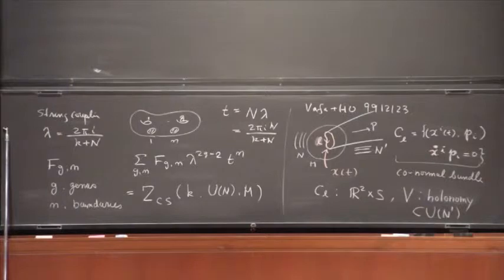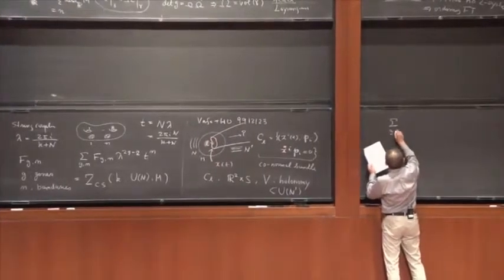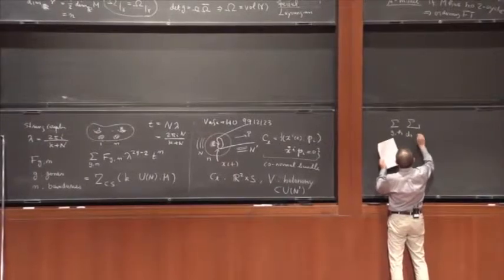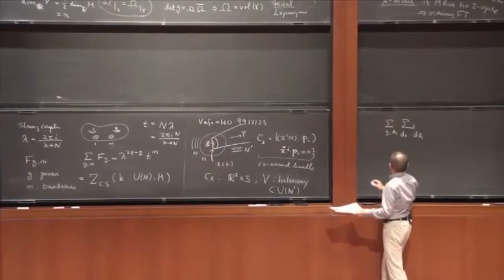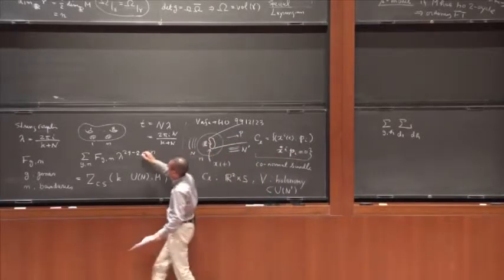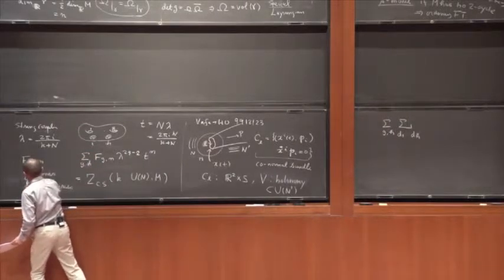So what Cumrun Vafa and I showed was that if you have such a setup, and if you consider the partition function with this holonomy, then the partition function or free energy, according to the terminology yesterday, would be a sum over the number of windings.